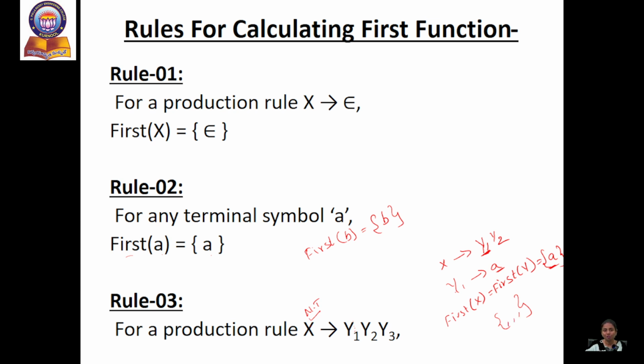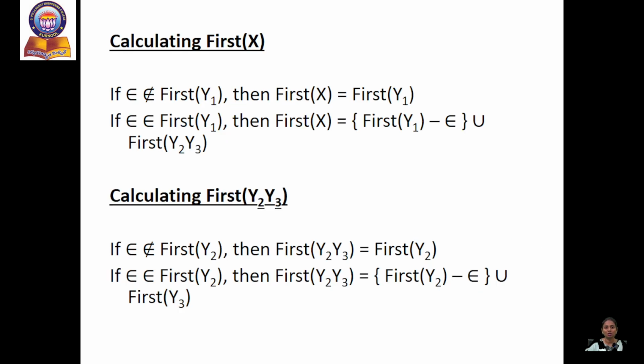A few more rules are there. If any production consists of epsilon, how do we calculate? In this situation, if epsilon is not in first of Y1, then first of X is equal to first of Y1. Just now I gave an example: X derives Y1 Y2, Y1 derives a and epsilon, Y2 derives b.